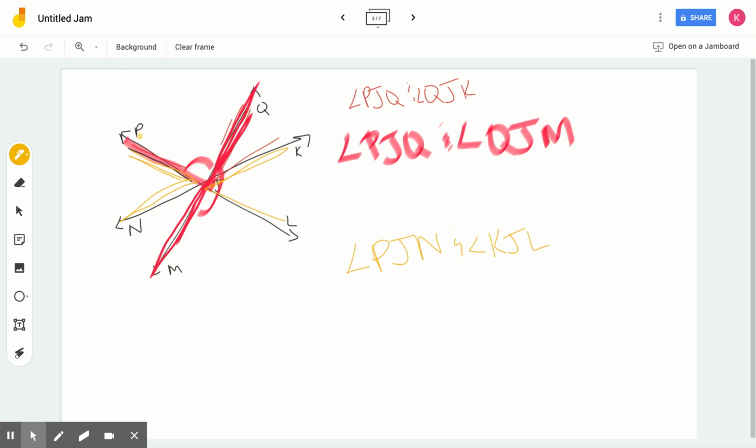Now, I might be able to say that PJK and angle NJL are also vertical, formed by 2 pairs of intersecting lines going in opposite directions to get those vertical congruent angles. Since there are more than 2 lines in this one, you can have more variations of your correct answer.